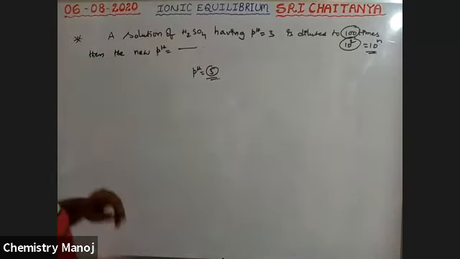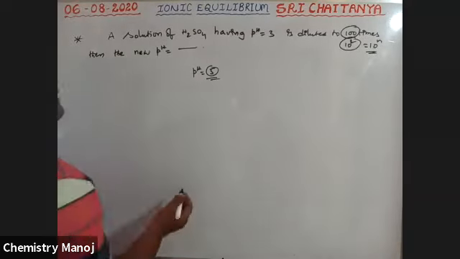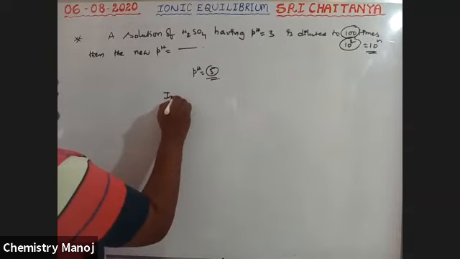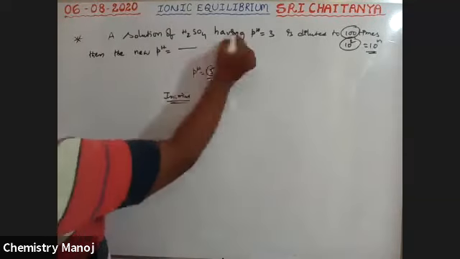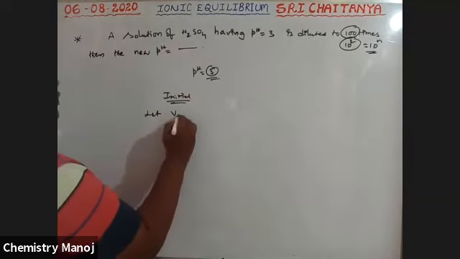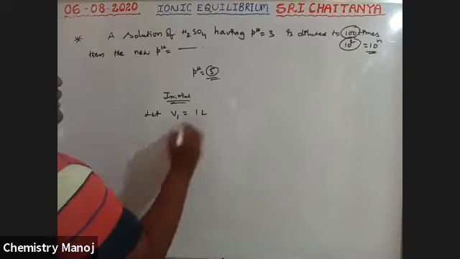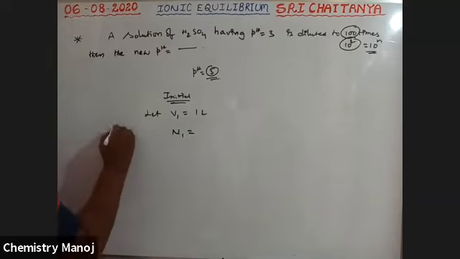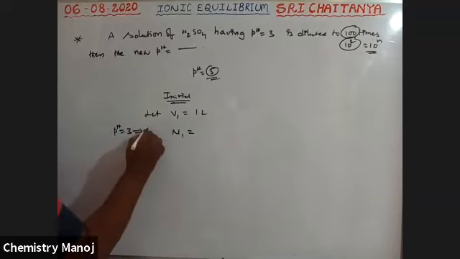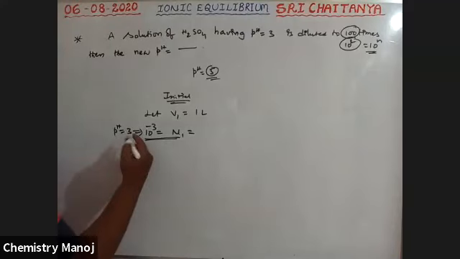How, sir? See here. Initial and final case. Initial case: the initial volume of the solution, let volume V1 be 1 liter. Normality N1, that is pH is equal to 3, my dear boys, so 10 power minus 3 is the normality of the solution.